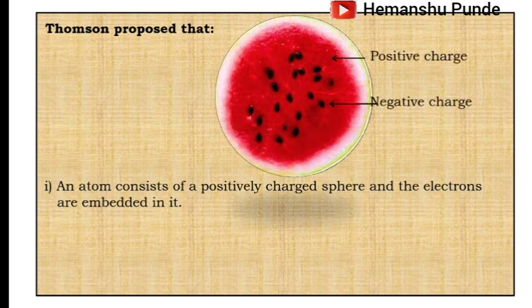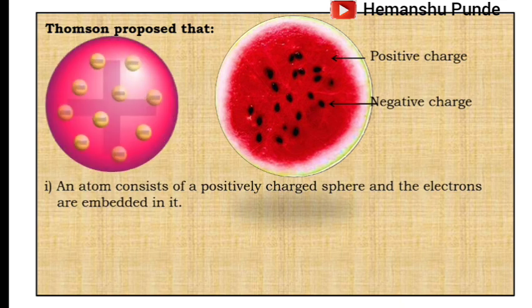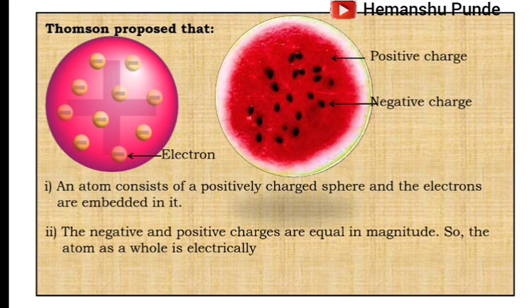Here the red color shows positive charge and the seeds show negative charge, the electron. The negative and positive charges are equal in magnitude, so the atom as a whole is electrically neutral. Neutral means having no charge.